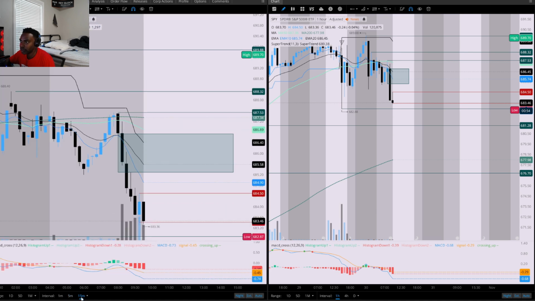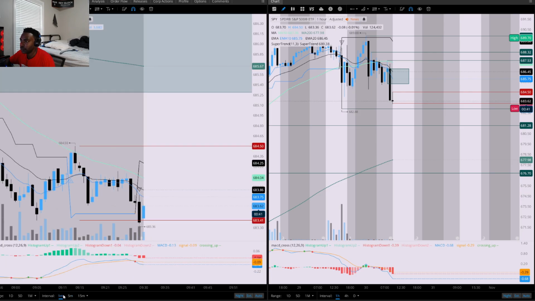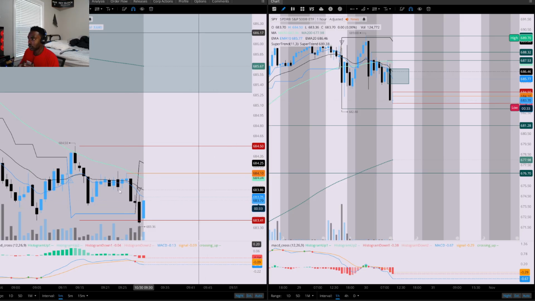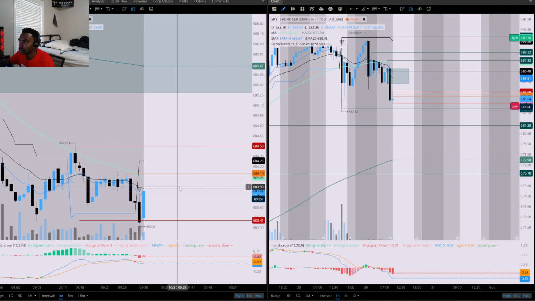Was this a 15-minute? Yeah, it's a 15-minute low. So this just got 41 seconds. If we close above this orange one, I'll go long at market open. Actually, wait, no. No.